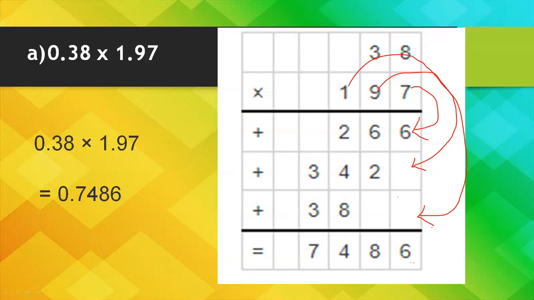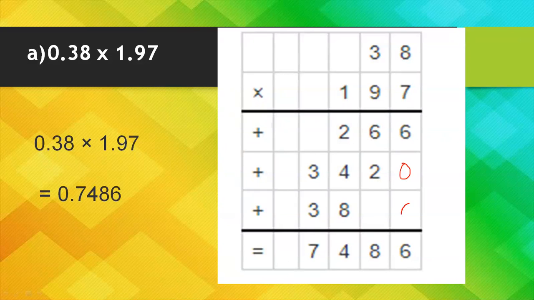Once you have done that, you have to add all these. And I know there are zeros; we have to put zeros when I move to the next number. In the first step, I have put 1 zero, while in the next step, I have to put 2 zeros. If there is another digit and we have to move on, we put another 0, meaning 3 zeros.